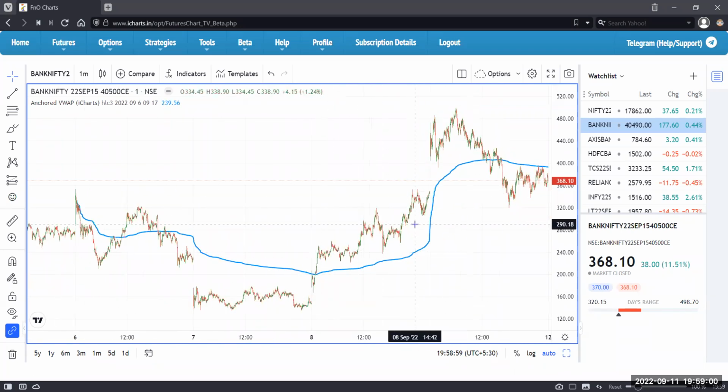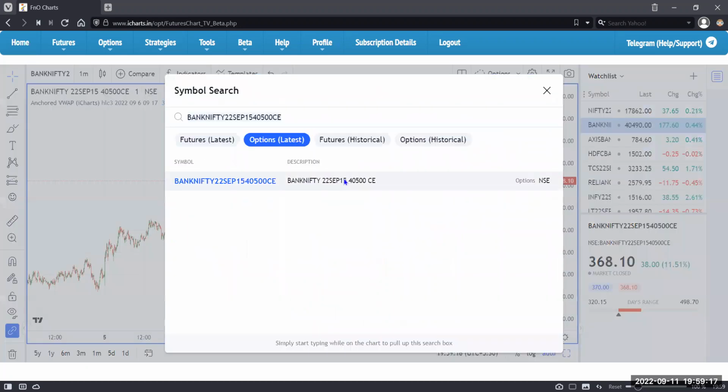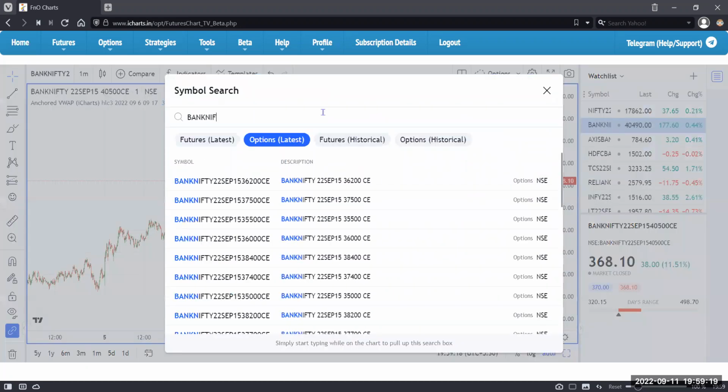But the limitation is there because the data will not be much over here. That is the only thing. And if you use monthly option, then of course there will be some more data.